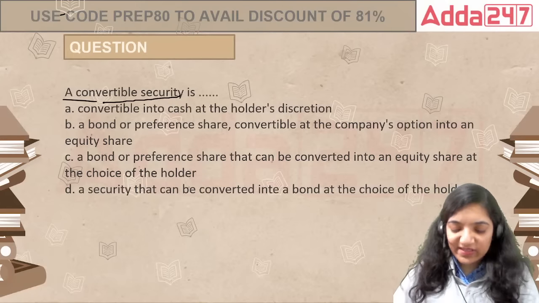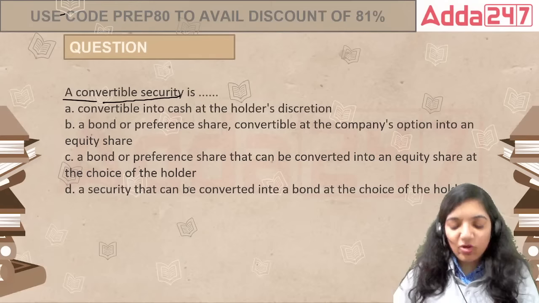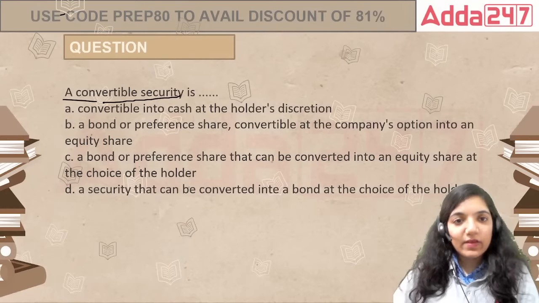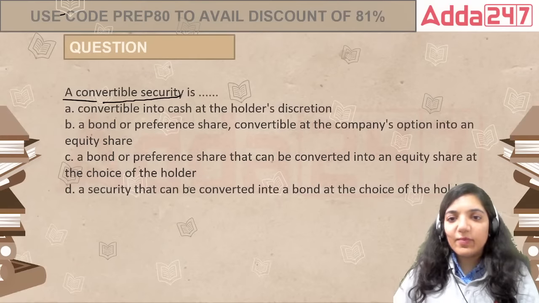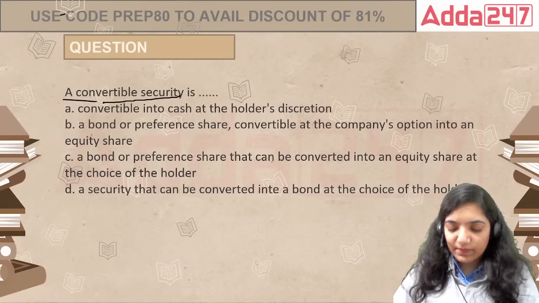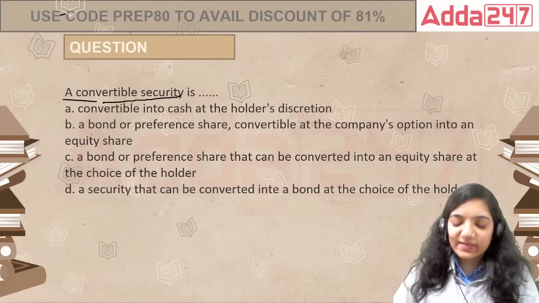Correct. This is from the book itself, sir. So I'll still go with the book there. Convertible security, everyone. I've covered questions from the IBF book as well. Correct, sir.